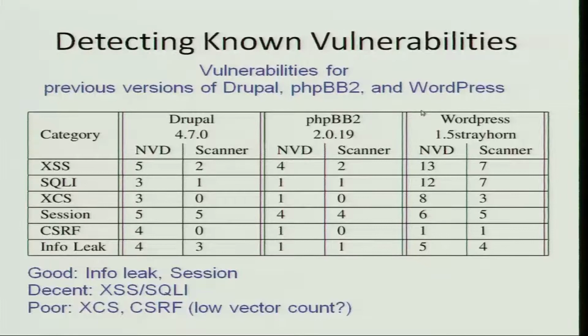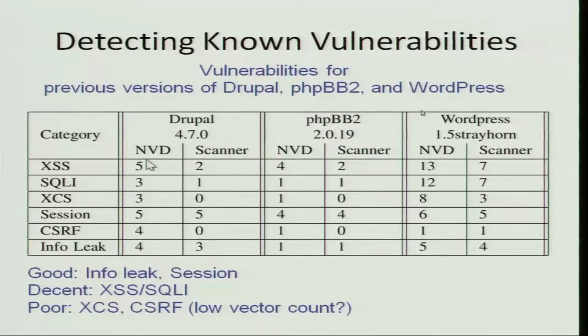So here is something that the Stanford guys did. They looked at the National Vulnerability Database, NVD, which is maintained by NIST, the National Institute of Standards and Technology in the US. The National Vulnerability Database lists all the known vulnerabilities. So what they did is that they took an industry scanner, and then they took multiple different applications that are used for web application building, and compared to the NVD report.